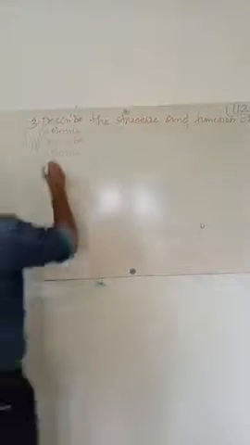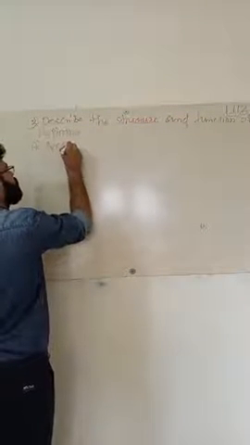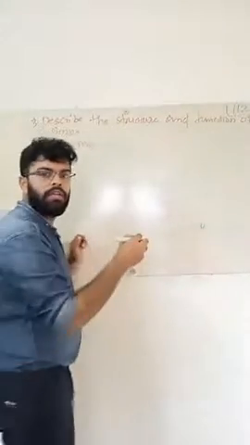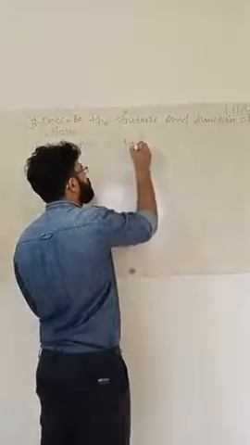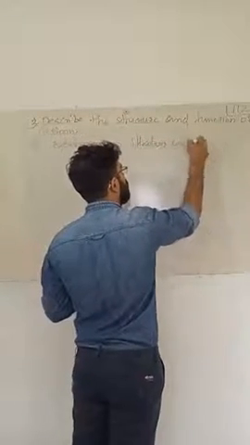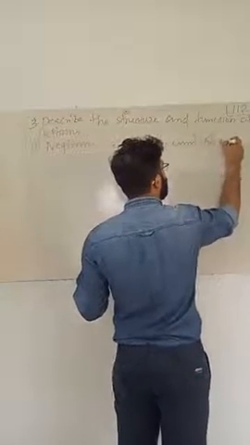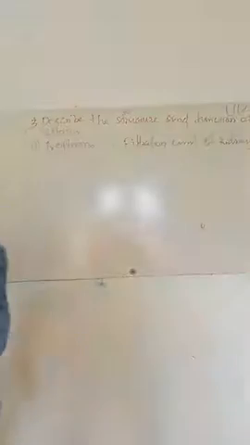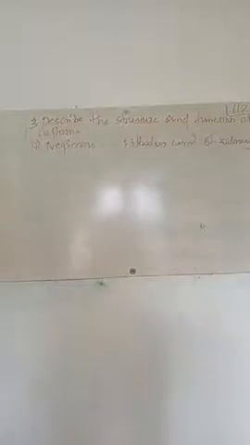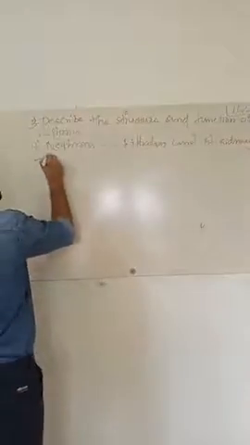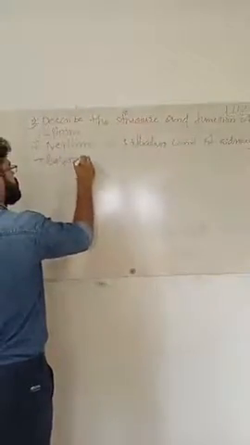So the nephrons are the filtration units of the kidney, which are large in numbers.